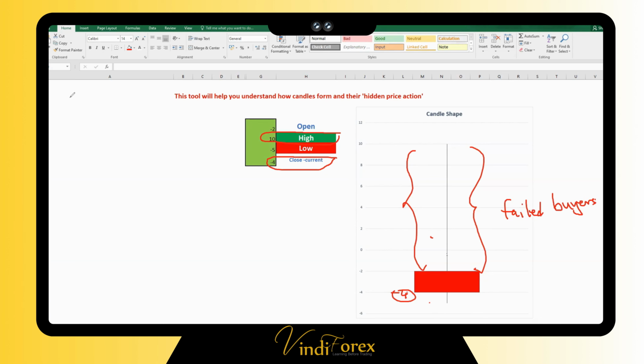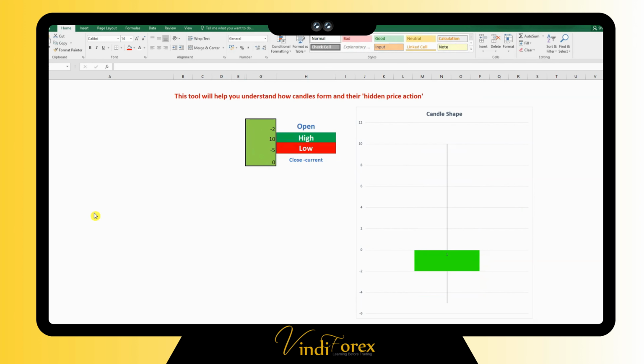What if our current price was at 0? Still more or less the same, depending on where it is. The only variation between the two is that this is not as strong as the one that we just saw with the red body right there.